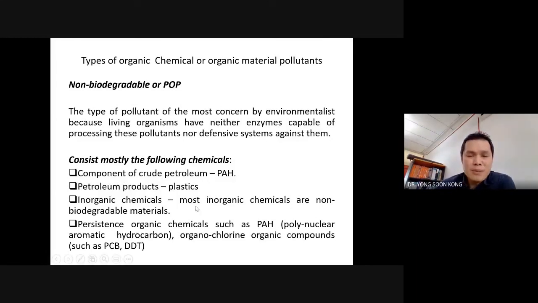Now, examples of POPs could be components of crude oil, crude petroleum, PAH. PAH stands for polynuclear aromatic hydrocarbon, or there's another name, polycyclic aromatic hydrocarbon.